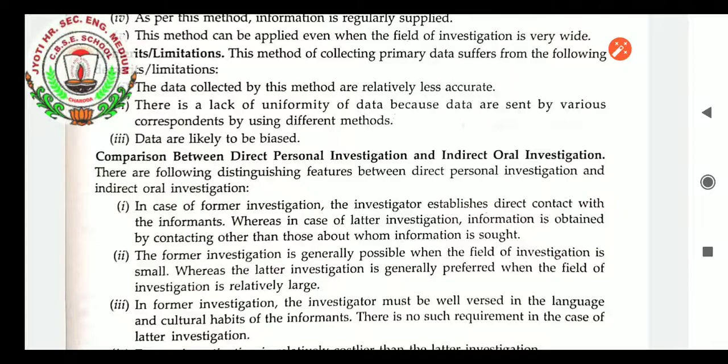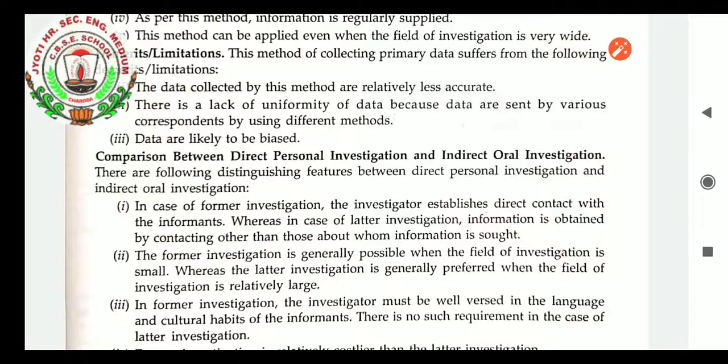Accuracy is more. Whereas in the case of the later investigation, the indirect oral investigation, information is obtained by contacting persons other than those about whom information is sought. We are not contacting the person from whom we want to get the information; we are taking the information from someone else.